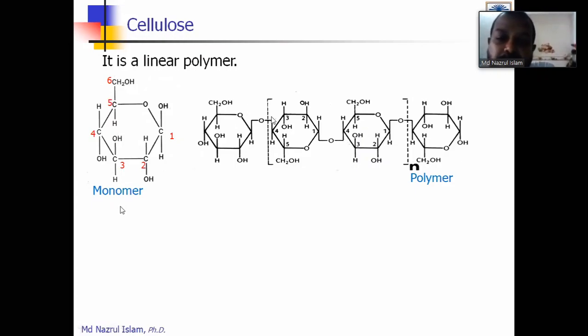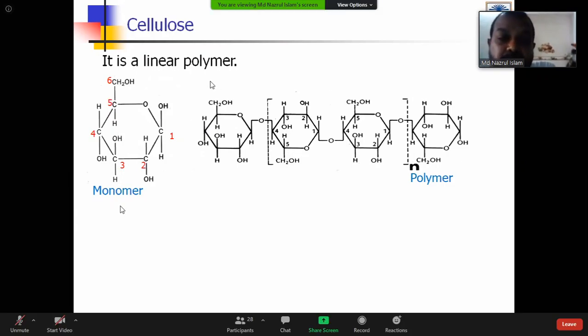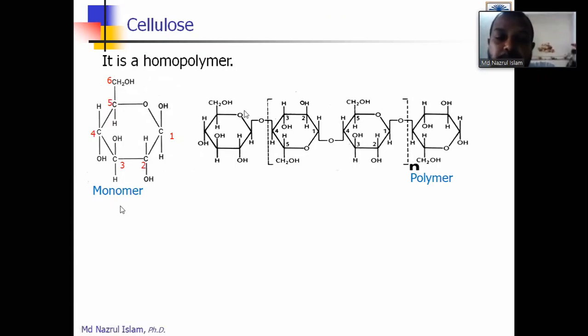As mentioned earlier, it is made from 100% glucose, with no other monomers. So it is a linear polymer and also a homopolymer, because the monomers are the same. If the monomers were different, it would not be a homopolymer.